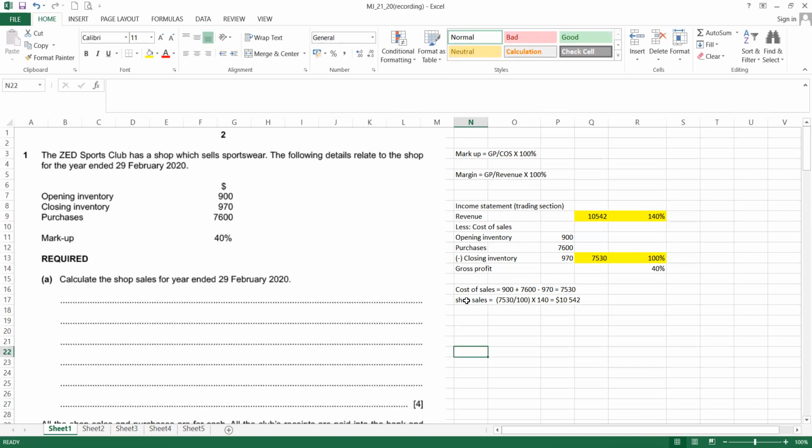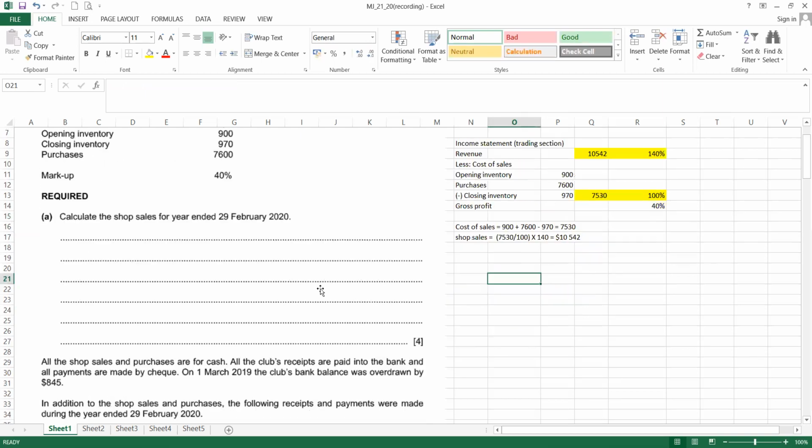You must show how much your cost of sales is, because your base is cost of sales. So you must calculate it to show in order to get the format. You must show the cost of sales amount 7,530. After that, it's up to you whether to use this method, or using the calculation method, you show how you get the 10,542. So that is the answer for part A.